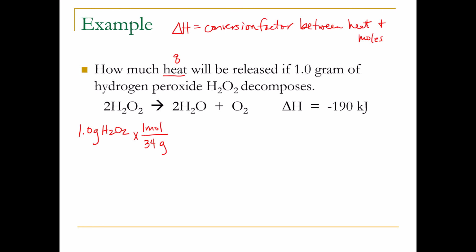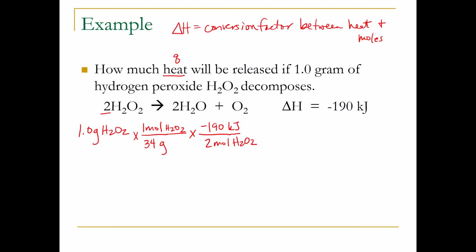Alright, once we do that, now we have moles of H2O2. We're trying to get heat, but now I can use my conversion factor. Negative 190 kilojoules per 2 moles of H2O2. This is like using your mole-to-mole relationships with a balanced equation.